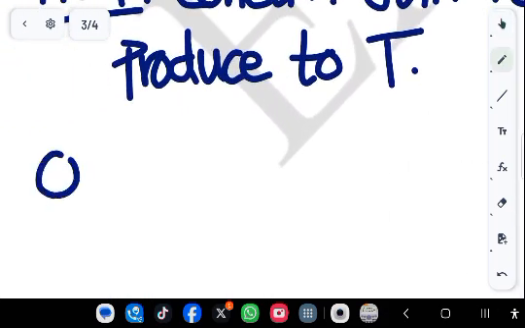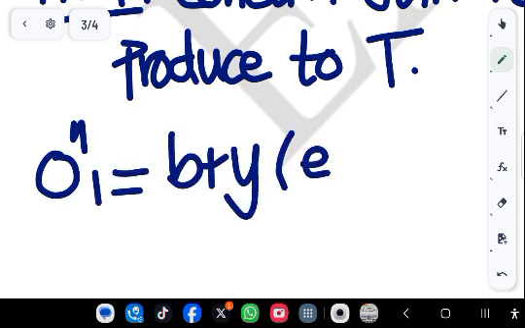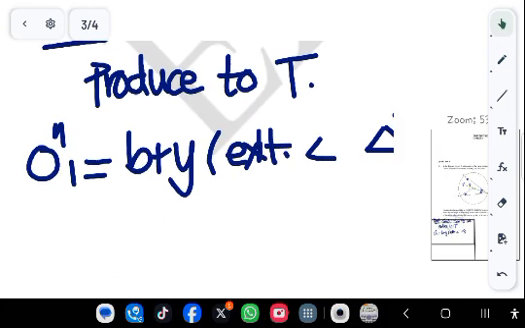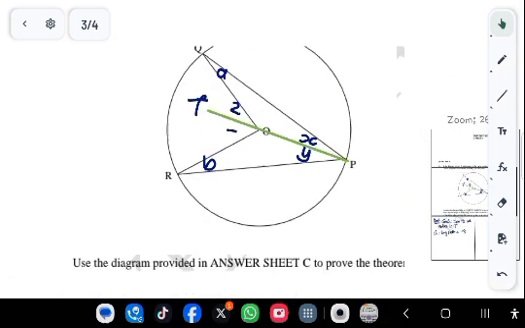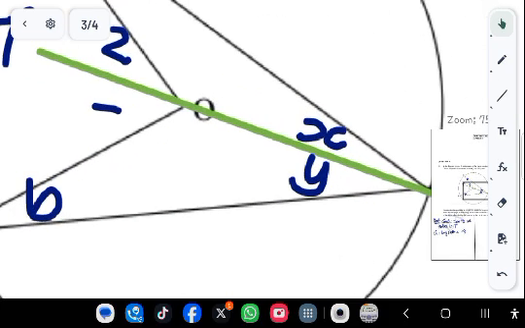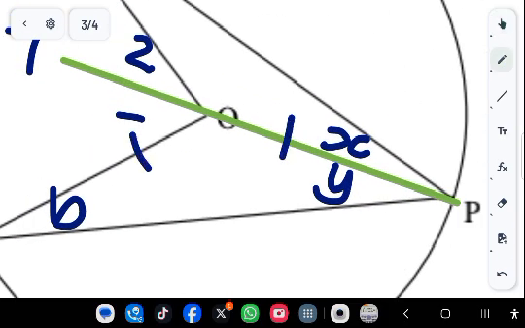Angle O1 equals b plus y, and the reason is exterior angle of a triangle. But side OR is equal to OP, equal radii.